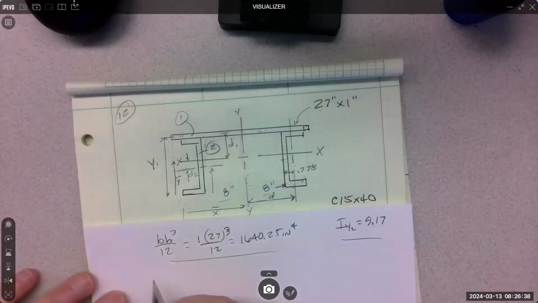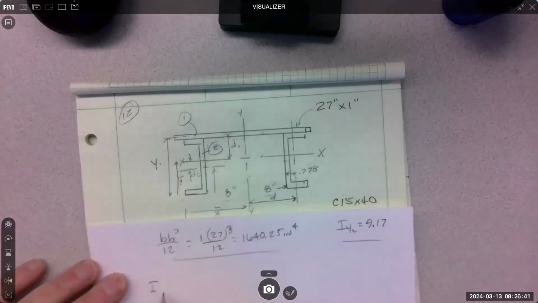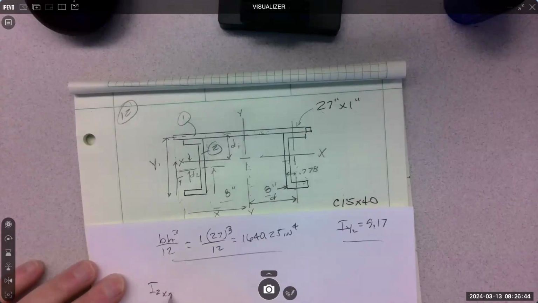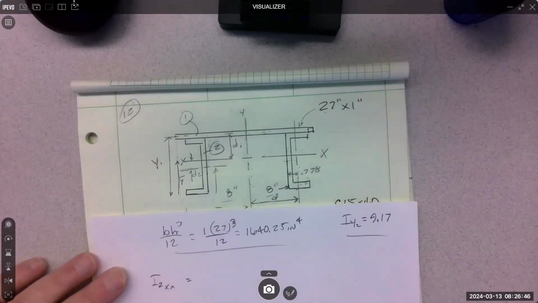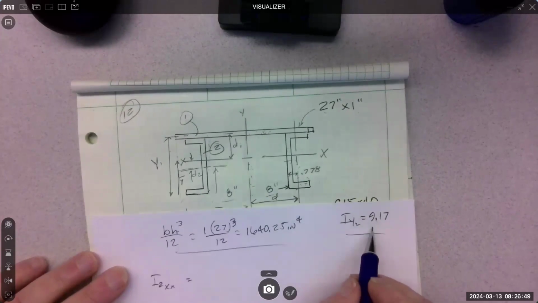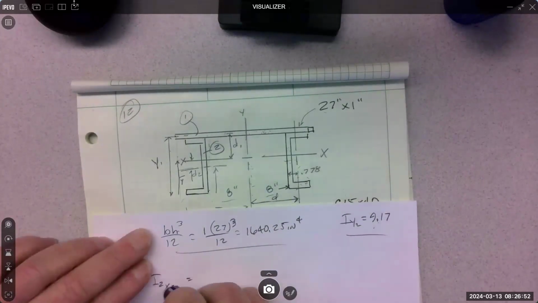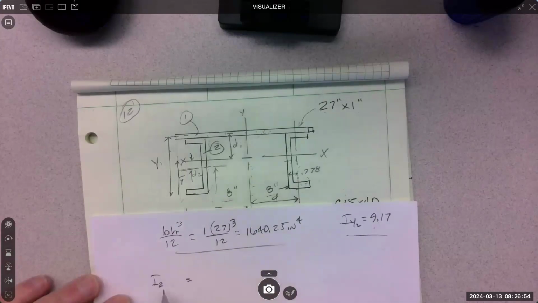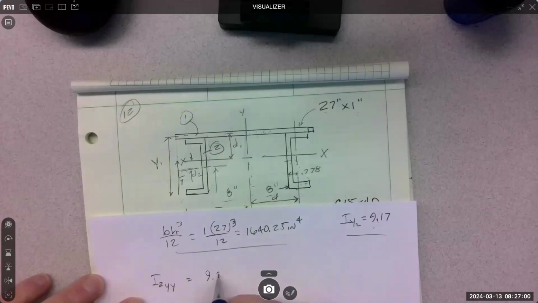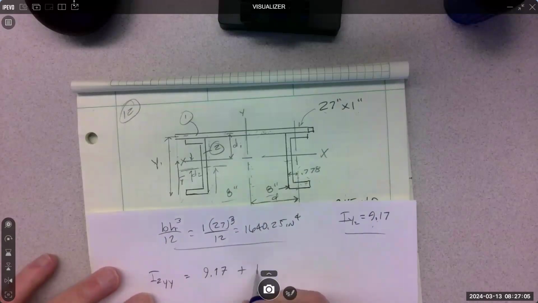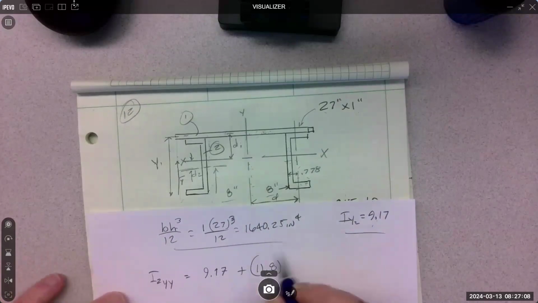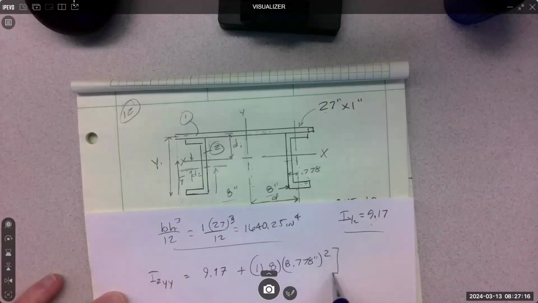8.778. So to transfer the C shapes, that was shape number 2, to the y-axis, we need its inertia, 9.17, plus the area, which was 11.8, and the transfer distance of 8.778 squared, and there are 2 of them.